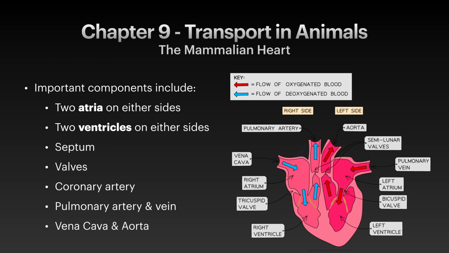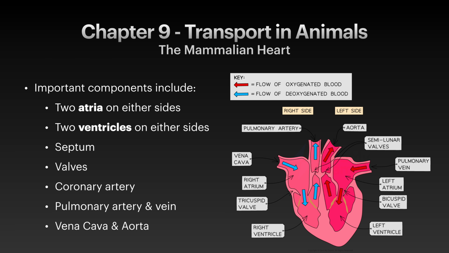Now, let's zoom into the powerhouse of the circulatory system, the heart. The mammalian heart has four chambers and several key structures you need to know. Some of them are the muscular wall, which is made of cardiac muscle that contracts and relaxes continuously throughout life. The heart has a section called the septum, which is the wall that separates the left and right sides, keeping oxygenated and deoxygenated blood separate.